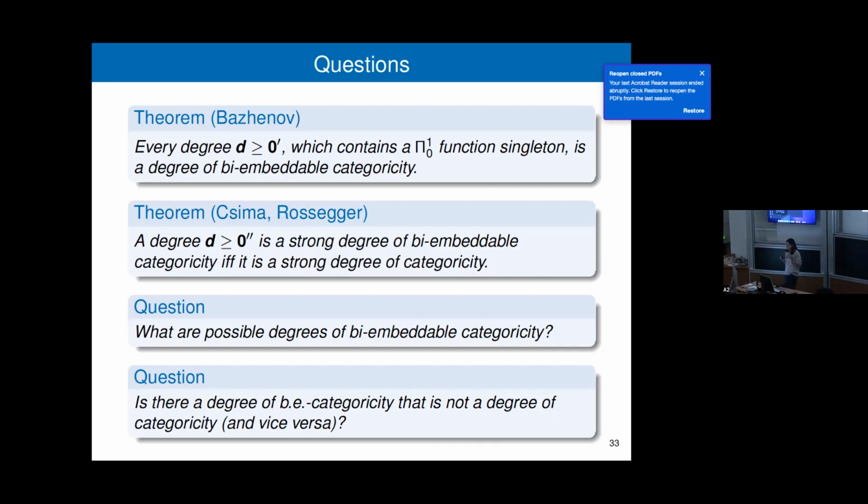But in either case, even if those notions coincide, that would not be a bad thing, because then we have hope of a new tool to work with degrees of categoricity, maybe to get new examples through degrees of BE categoricity.